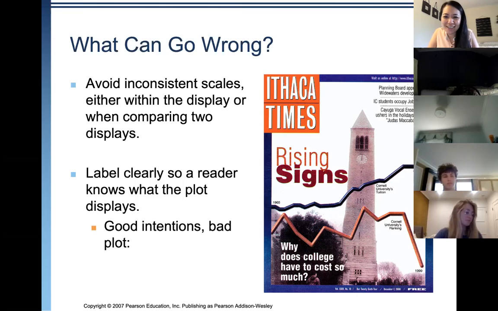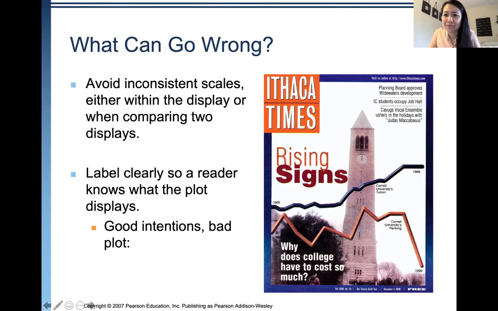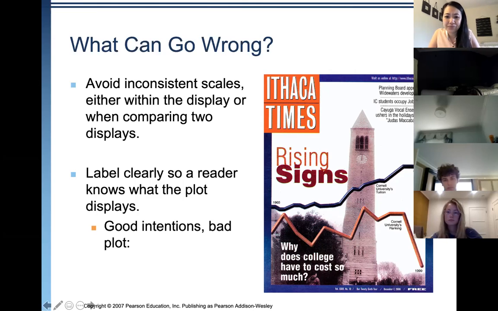Do you guys notice anything? They start at different years. Yeah, that's terrible. Good job, Billy. One starts at 1965, the top one. The bottom one starts at 1989. It's really small, but still, that's real bad. Okay, so that's one major one.